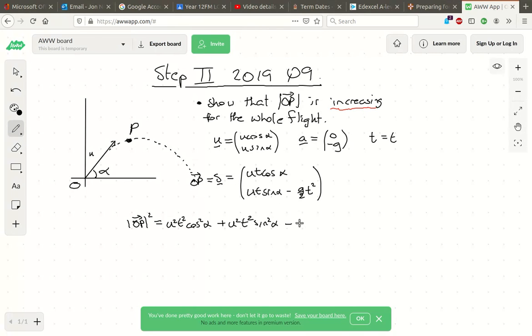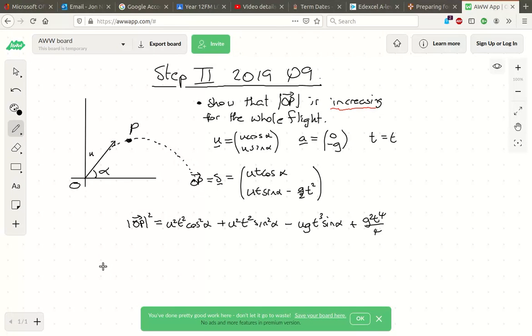Then I'm going to get minus, now think about this carefully, you're going to be doing that times that and that times that again, so you're going to get minus ug t cubed sine alpha. Do it in a grid if you're worried about that, but that's what you should get, and then plus g squared t to the 4 over 4. And that is the distance OP squared.